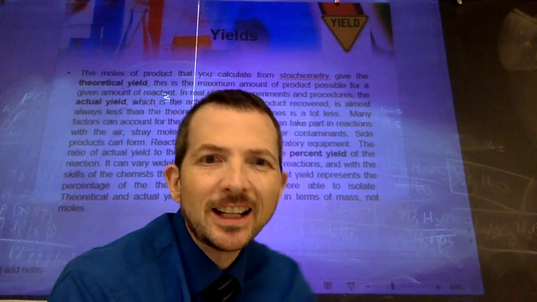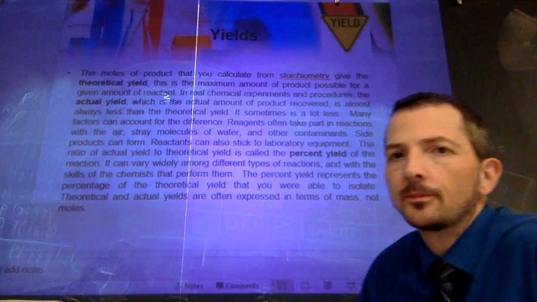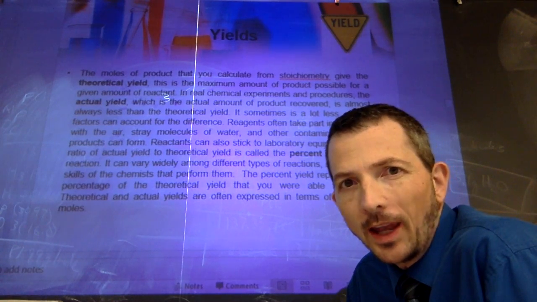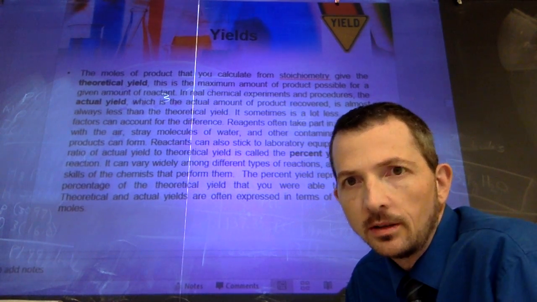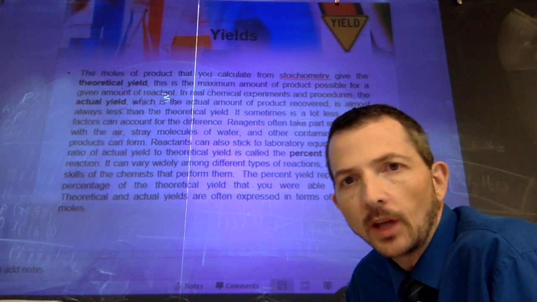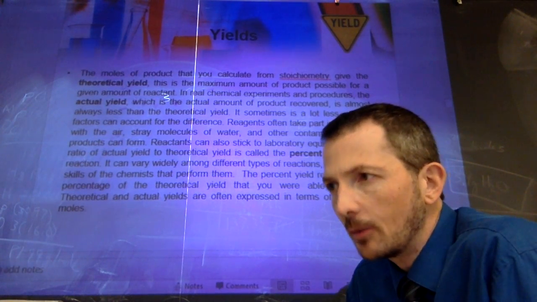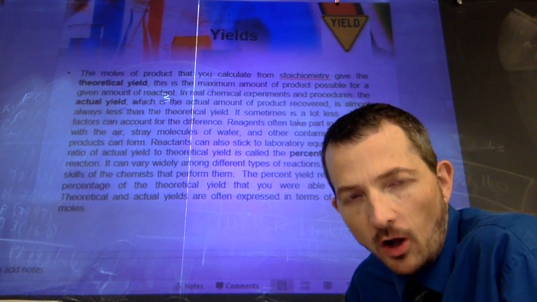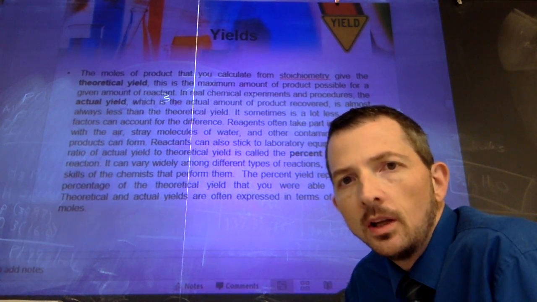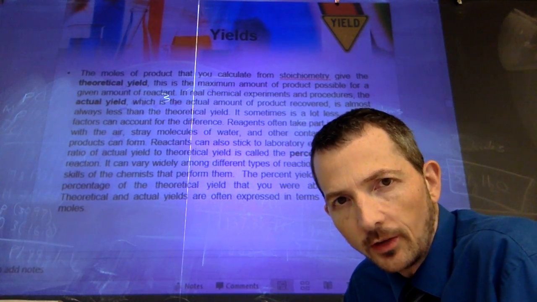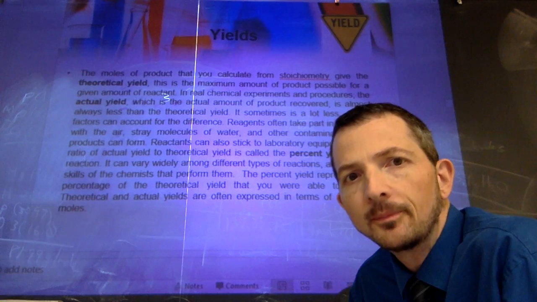That's how much is theoretically possible. If you go into the lab and actually do the reaction, that's what's known as your actual yield. Now, usually when you go into the lab and do the reaction, you'd almost never get all of your theoretical yield. And so what you do is you calculate your percent yield, and that's the percent of the theoretical that you were able to isolate.